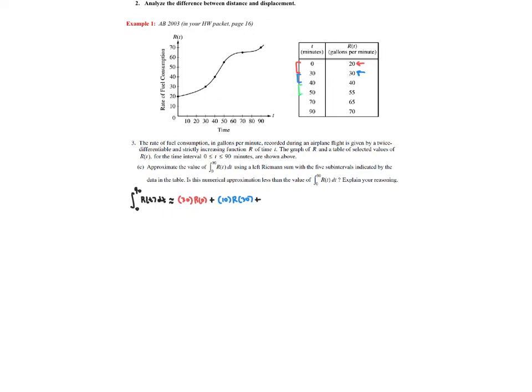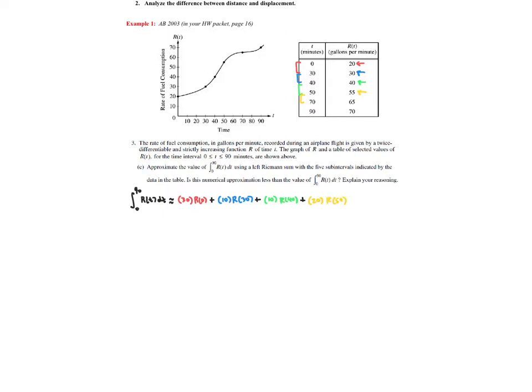The third rectangle from 40 to 50, 50 minus 40 is 10, times r of 40, which is, of course, 40. We'll get to that again in a moment. The fourth rectangle from 50 to 70 will have a base length of 20 times r of 50.